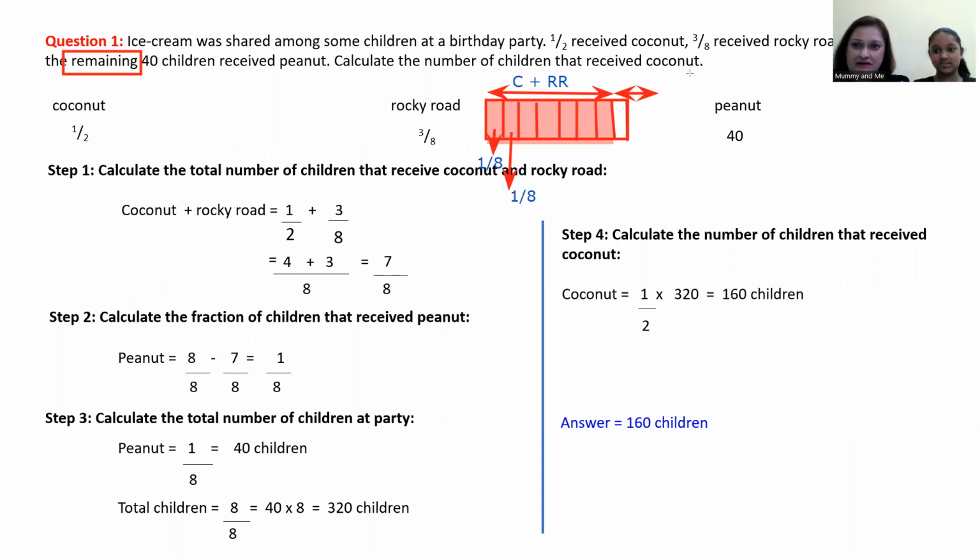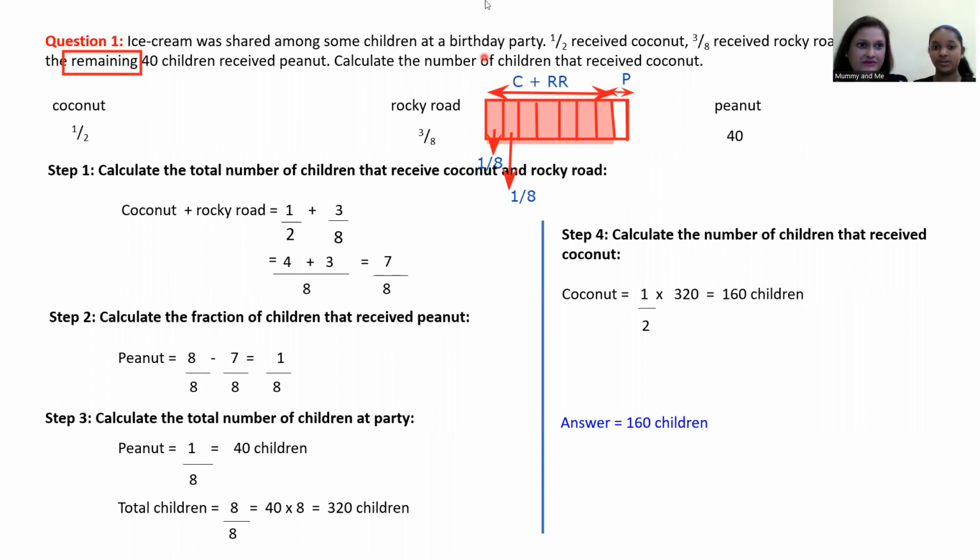peanut. I'll just use P for peanut. In statement form, peanut would be the whole, which is 8/8 minus 7/8, and you'll get 1/8, as shown in the diagram.